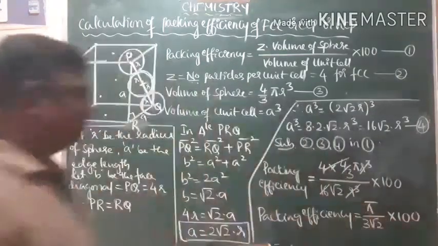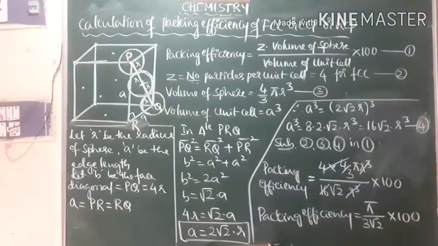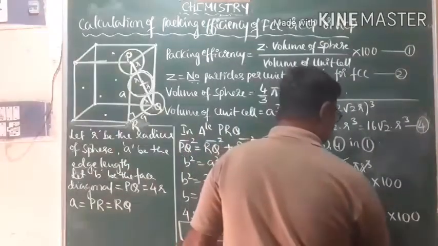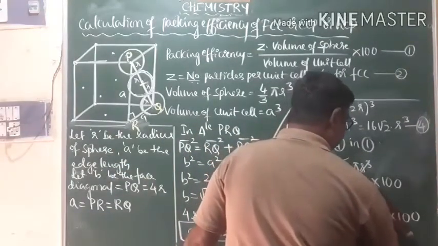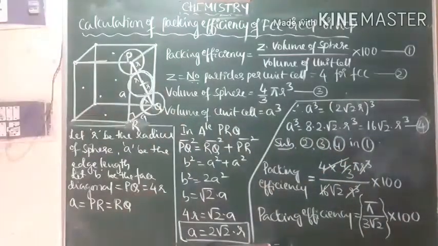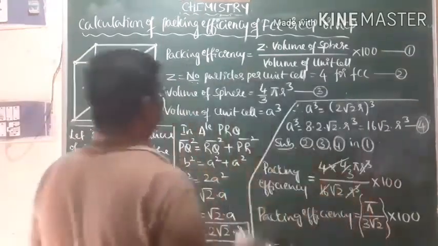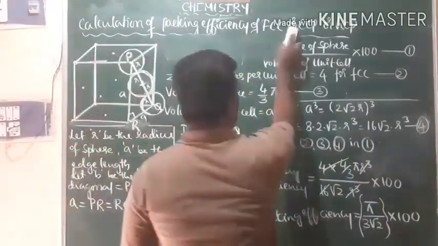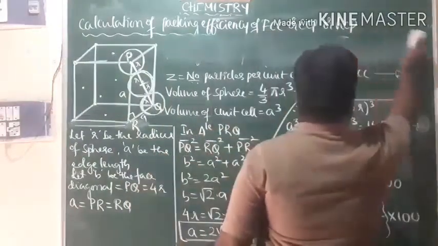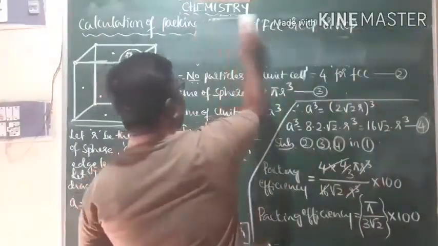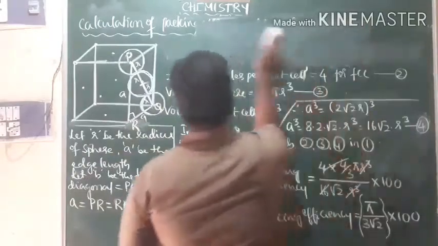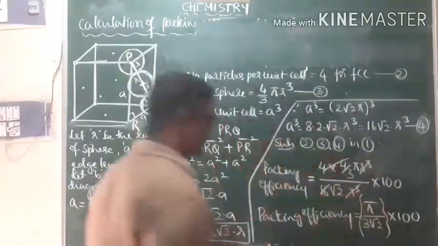This pi by 3 root 2 is called the packing fraction. If you multiply it by 100, you get packing efficiency. And finally, if I simplify that particular aspect, I'll get the packing efficiency here.